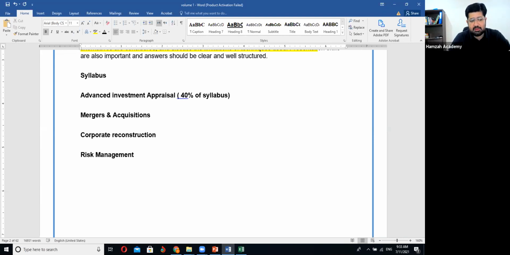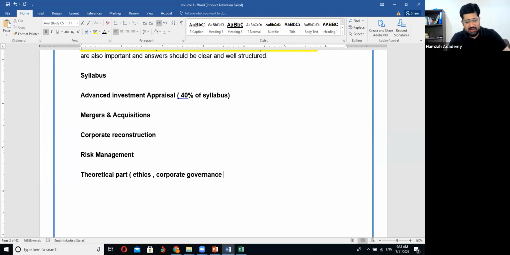Now, these are the 4 main areas, but I will add one more area, which I call the theoretical part, which includes ethics and corporate governance, which is from your previous knowledge.